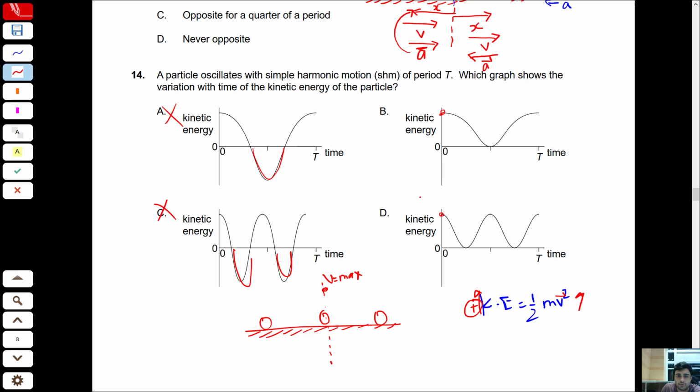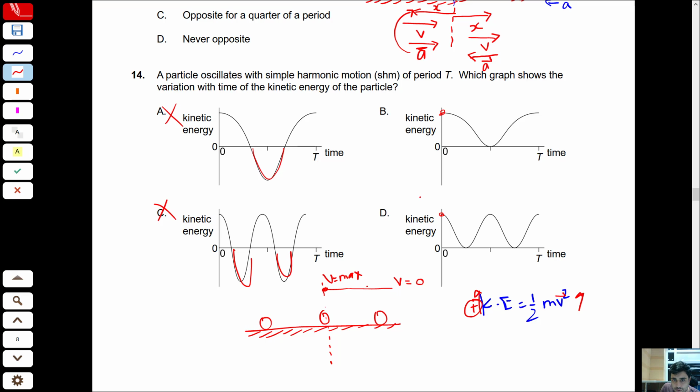So start from here, the body decelerates till it reaches the amplitude where the velocity drops to 0, because that is the time when the body has to reverse its direction, but before reversing it has to stop and then reverse. So at the amplitude the velocity decreases to 0, hence the kinetic energy also becomes 0 here.